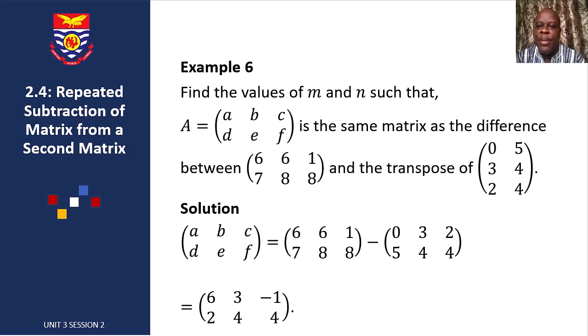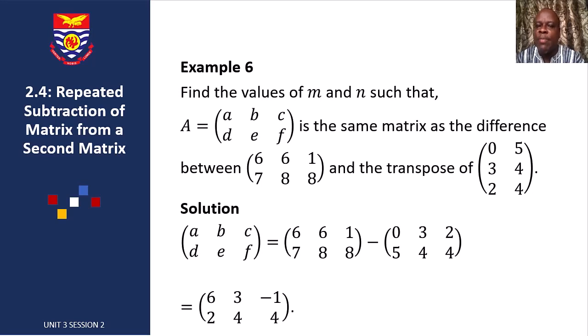The matrix A is equal to the difference between matrix 6, 6, 1, 7, 8, 8 and the transpose of the 3 by 2 matrix. So you first will have to find the transpose of the 3 by 2 matrix. And that transpose is 0, 3, 2 in row 1, 5, 4, 4 in row 2.